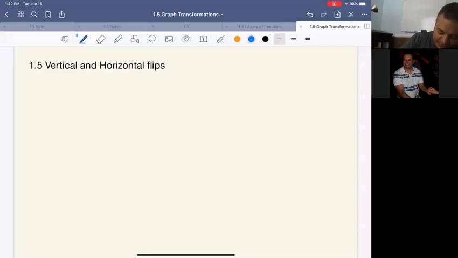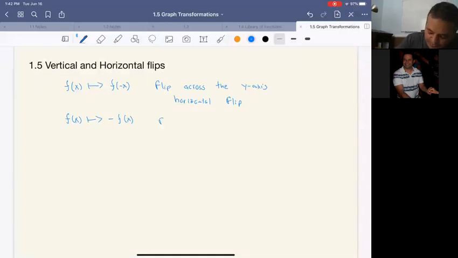Those are just going to be, so f of x, when we change to f of negative x, that's a flip across the y-axis, or a horizontal flip. f of x to negative f of x, that's a flip across the x-axis, or a vertical flip.